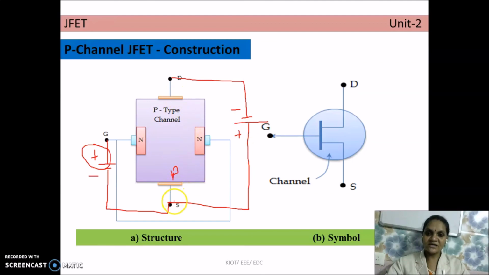So the hole current moves from the source to the drain terminal. That's why in the P channel JFET, VDD is negative and VGS is positive. VGS reverse biases the gate terminal, and VDD reverse biases the drain terminal and forward biases the source terminal.